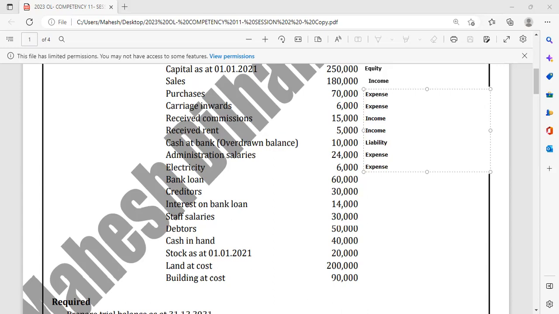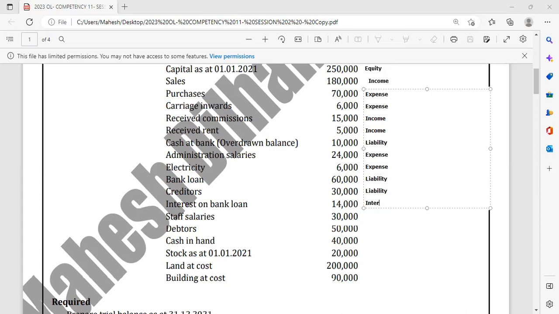Because based on this only we can develop the trial balance. Bank loan, liability. Creditors, another liability. After that, interest on bank loan.